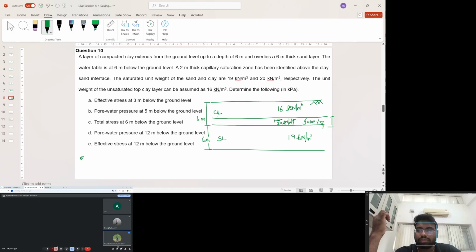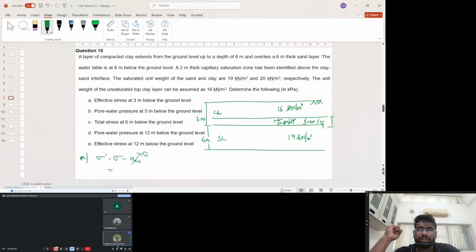The answer for A: total stress is equal to effective stress plus pore water pressure, so effective stress is equal to total stress minus pore water pressure. Here the pore water pressure is 0.